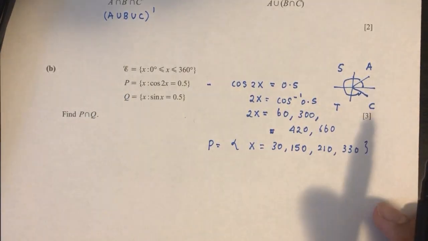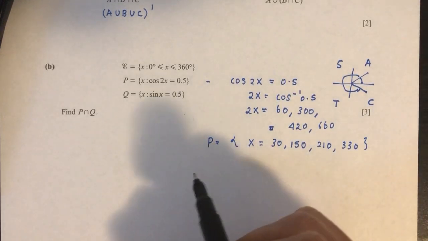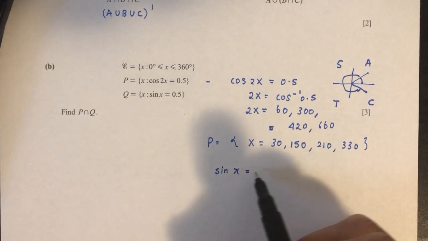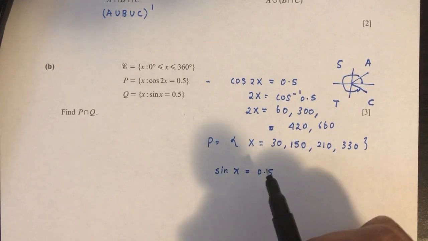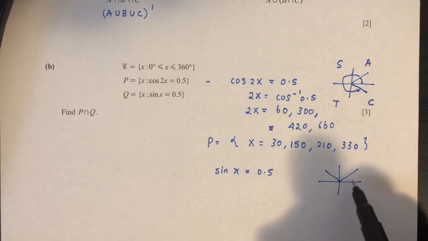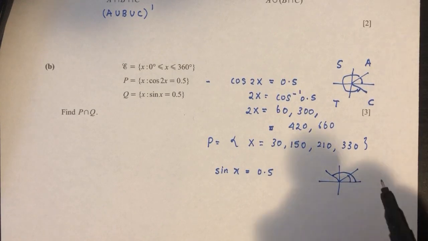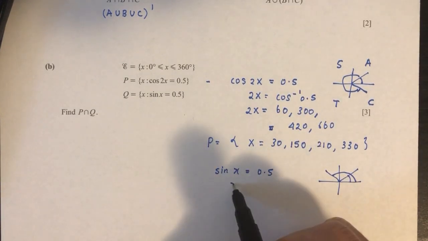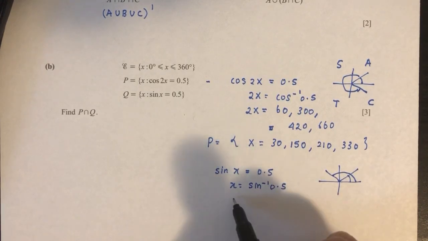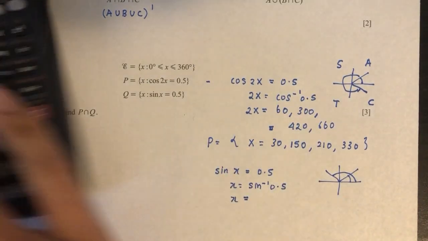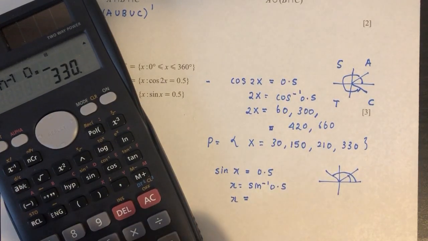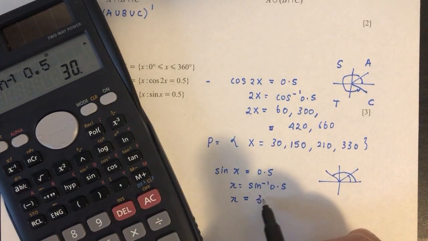So what is the set for Q? Q will be sin x equal to 0.5. So sin is positive here and here, this angle and this angle. First, x will be sine inverse of 0.5, that will be 30 degrees.